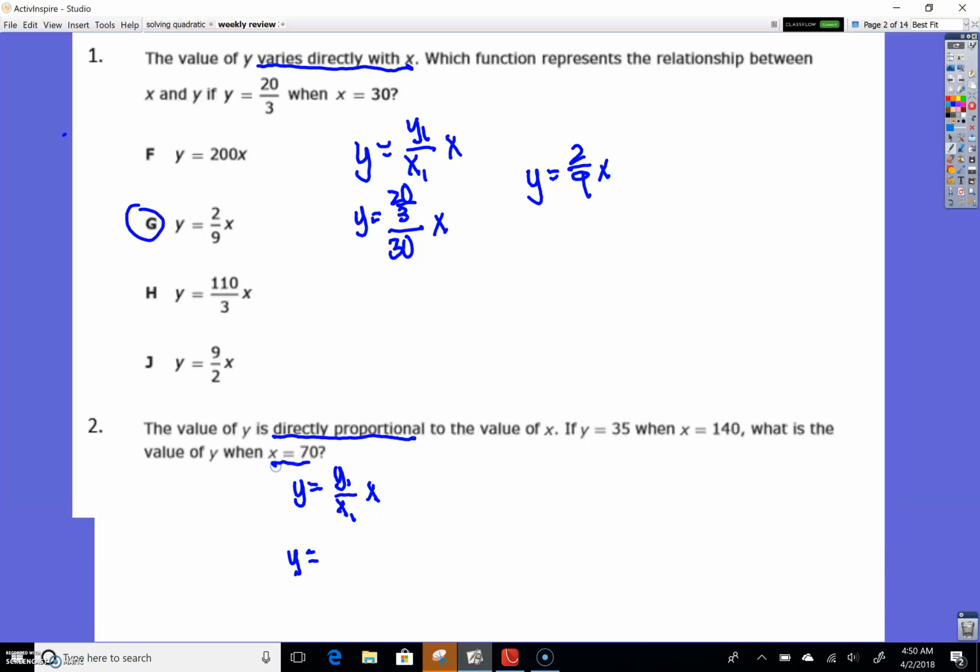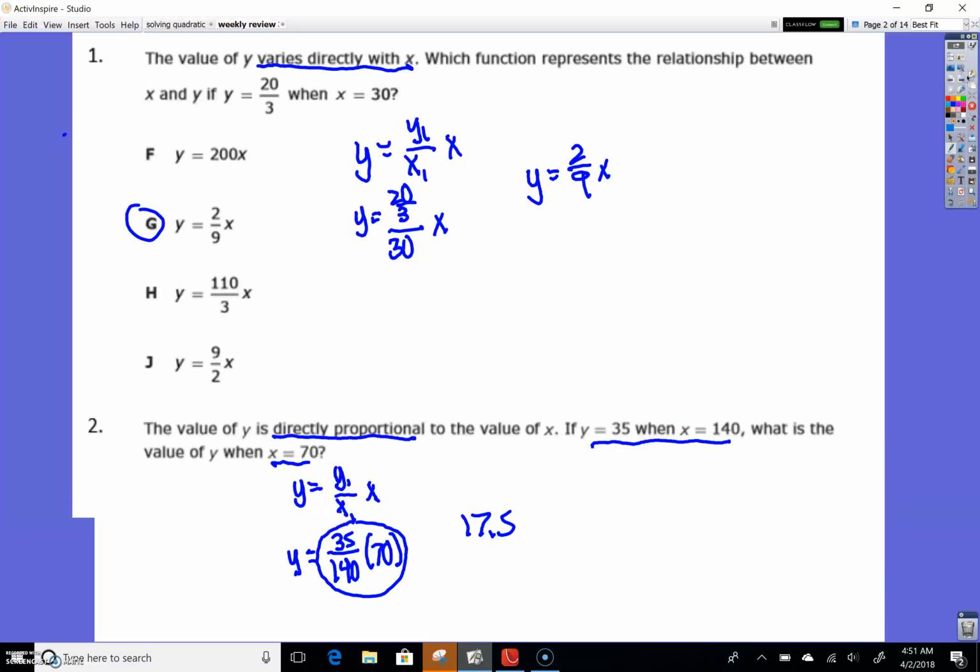Here they give me the x, so I know one of my y's there. When I substitute, the two things that go together, I substitute first 35 over 140, and then x is 70. I put all of this into my calculator to find y, and my answer would be 17.5.